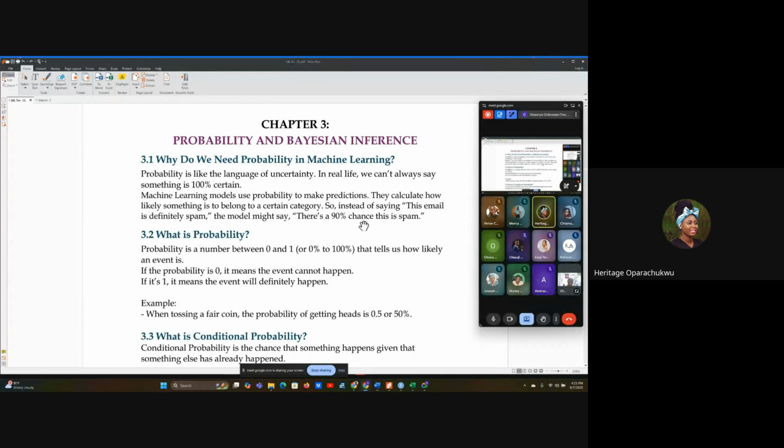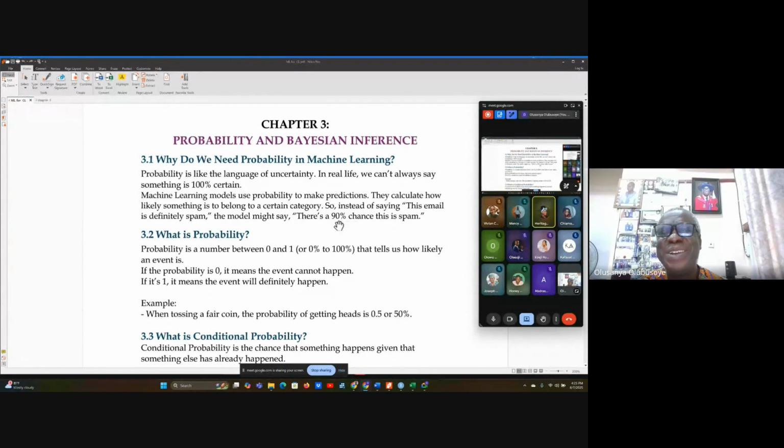Are you 90% sure? 90% doesn't make it certain. If it's 100%, that would be certain. But when you see 90%, which in fraction is 0.9, it's not certain, but the chance is very high. Which means you still have 10% chance that it is not spam.